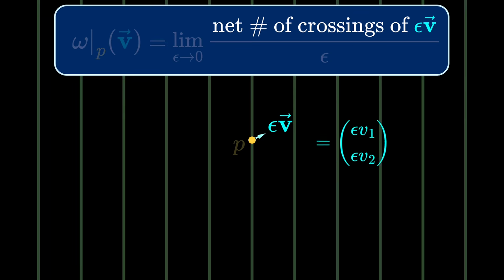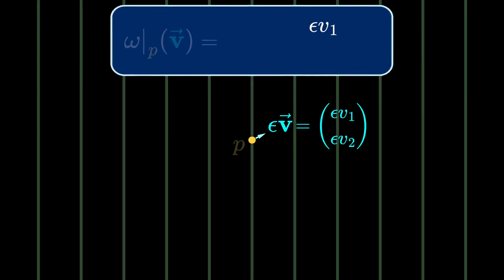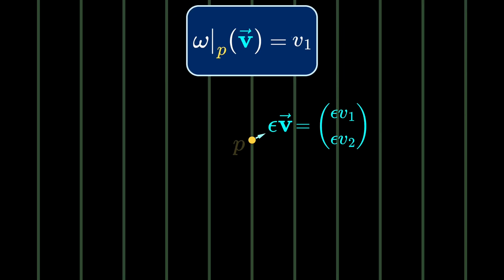Since these lines are vertical, you only cross them when you go horizontally. So the number of crossings is given by the x component of this vector. The limit is pretty straightforward. Simply divide both numerator and denominator by epsilon, and we get v1 at the end.